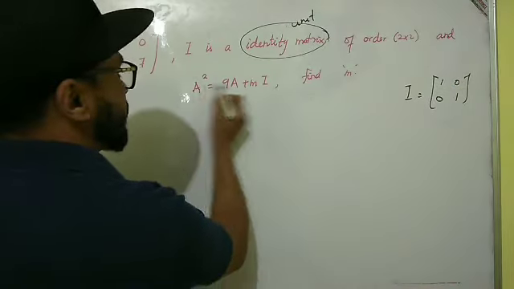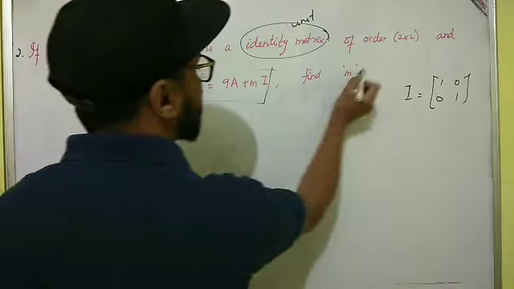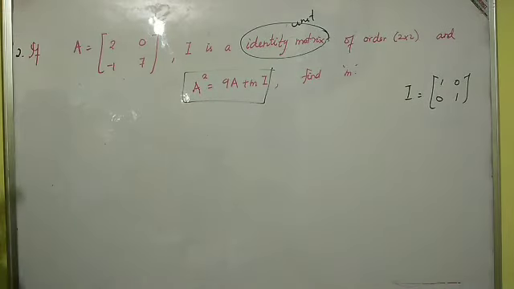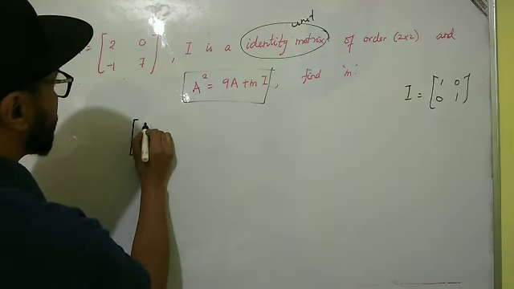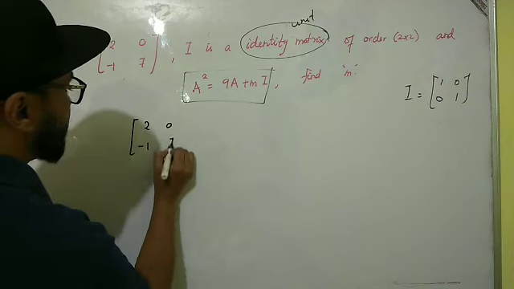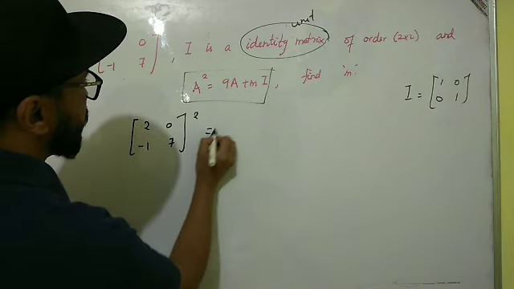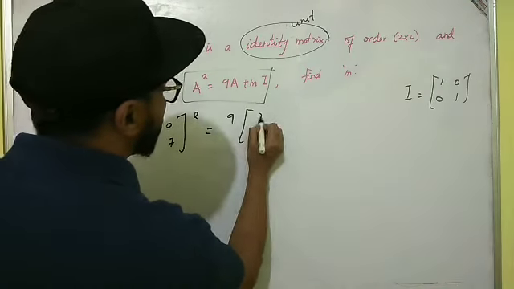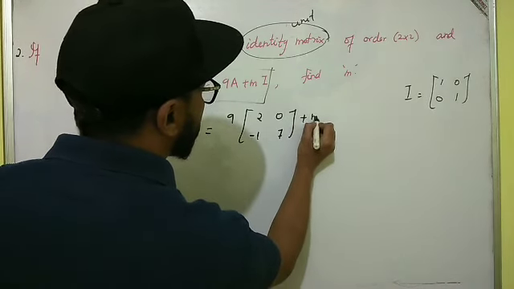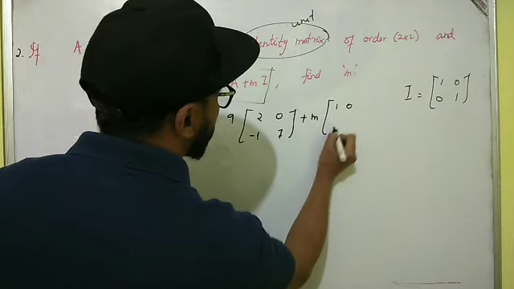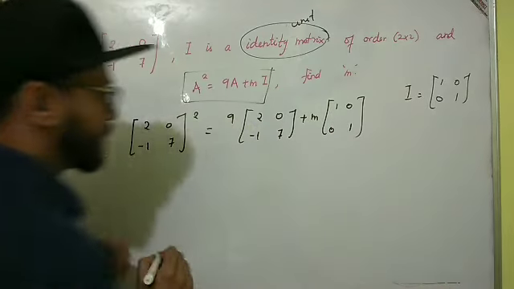This is given, and now we have to find the value of m. So let's do it. Let's put the value: A squared, 2, 0, minus 1, 7 squared, is equal to 9 into 2, 0, minus 1 and 7, plus m into 1, 0, 0, 1, isn't it?